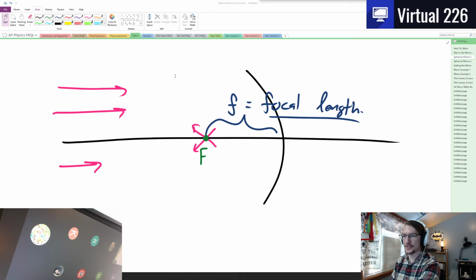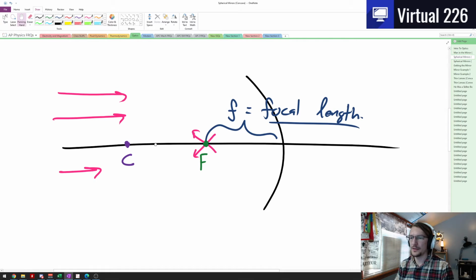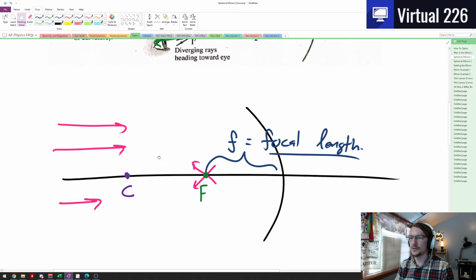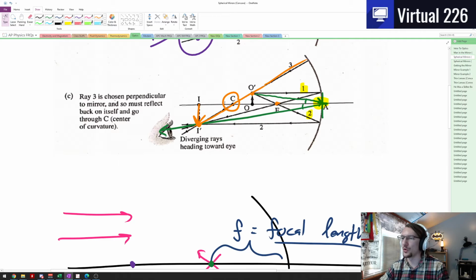So when I draw this, that should be the center of curvature right there. Okay, so it's kind of a weird thing to draw. I always draw it poorly, and that's why I don't like using the line above this orange one right here, because I just always mess up that center of curvature.